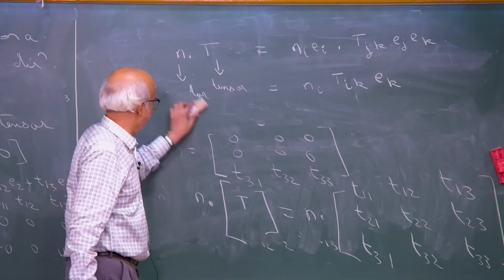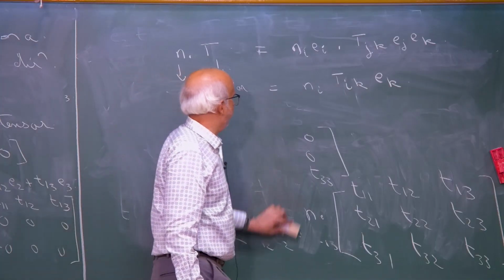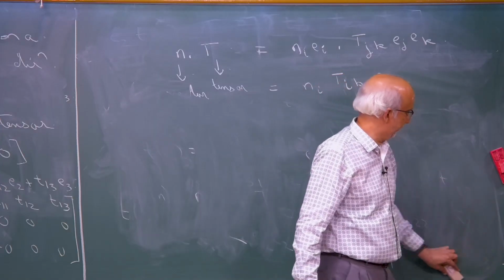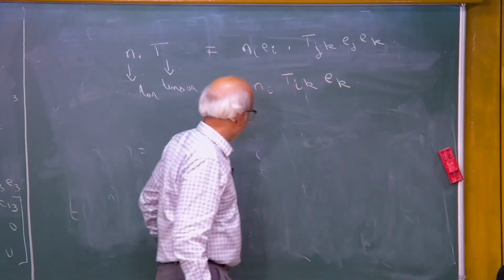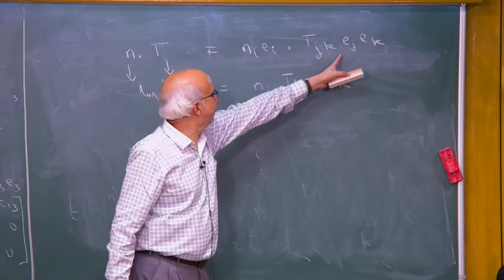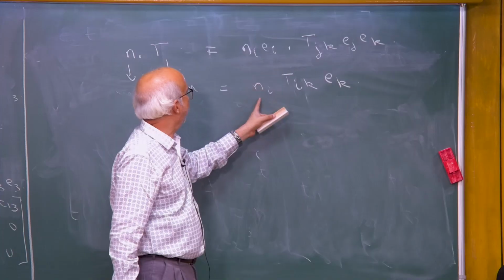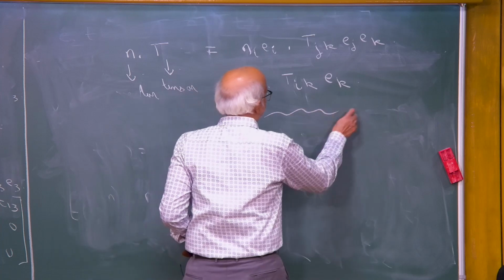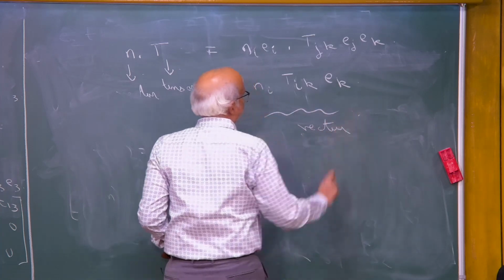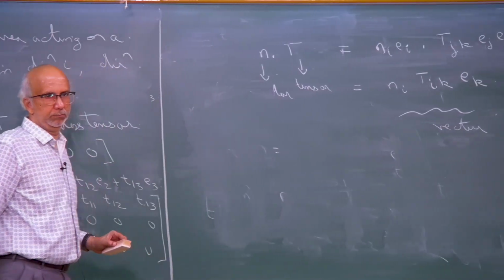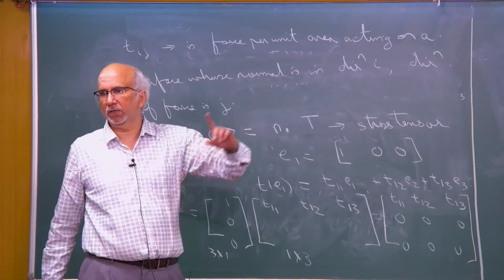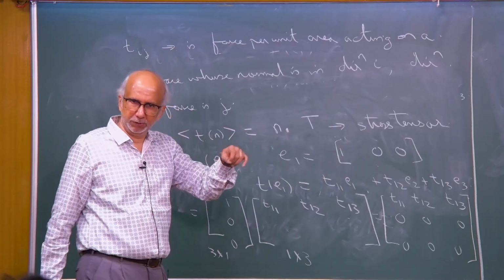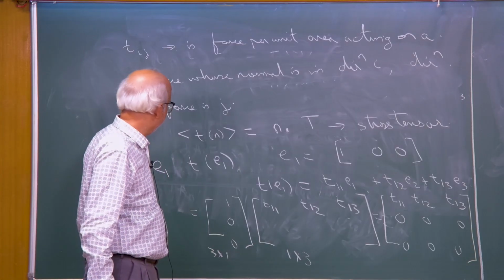Is this clear? Whatever we did earlier, when you take a dot product, the two unit vectors adjacent to the dot, e_i and e_j, i must be equal to j, so I put i here, I put i here, and e_k. So, this is a vector, because there is only one unit vector now. Anyway, I think if you start doing some exercises, you will understand. So, let us move on.